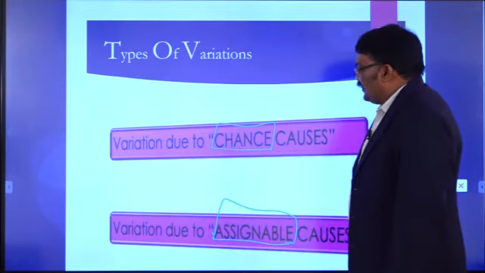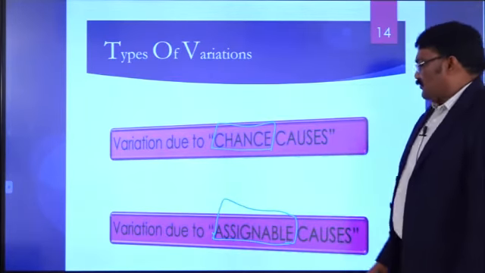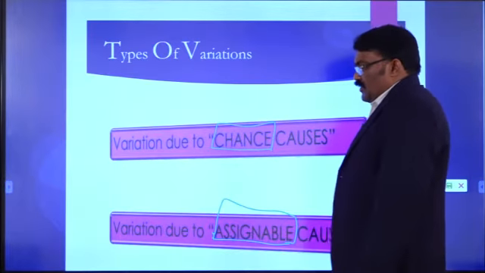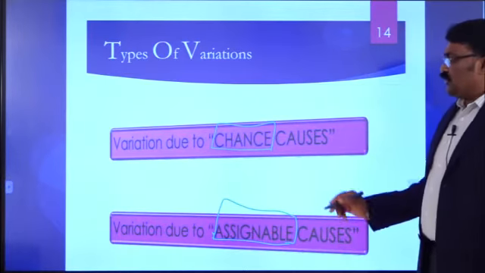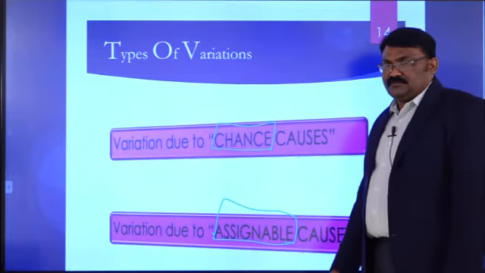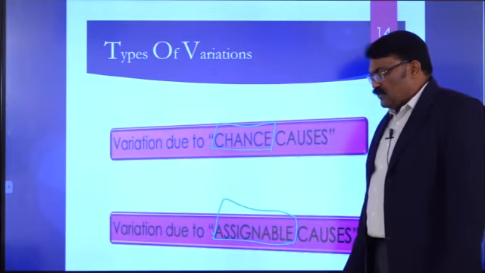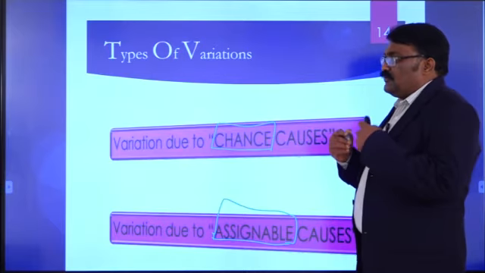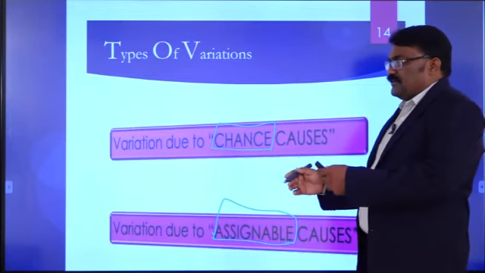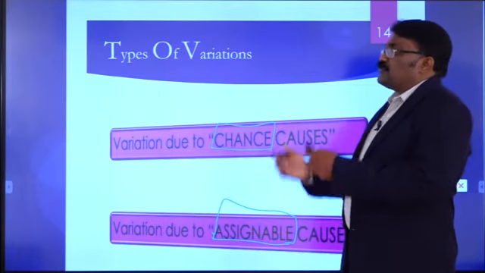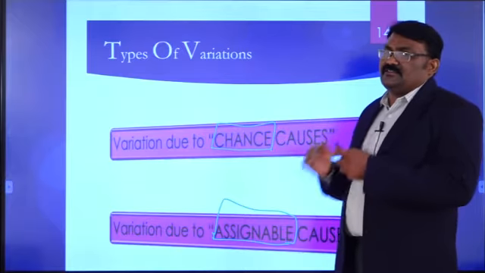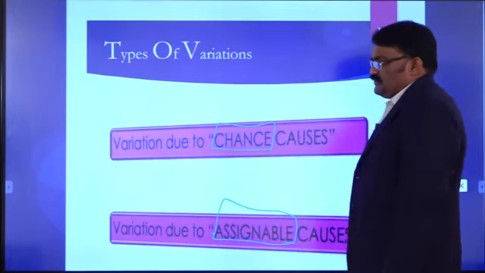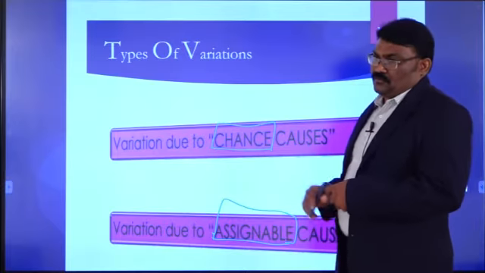These are the two reasons why variations are caused. Assignable is what? The defects caused because of the machineries, or because of the expected level of quality we require, that is what we have assigned, and based upon that expectation there may be a deviation in the quality. That is what the assignable causes are. Whereas chances are not under our control.